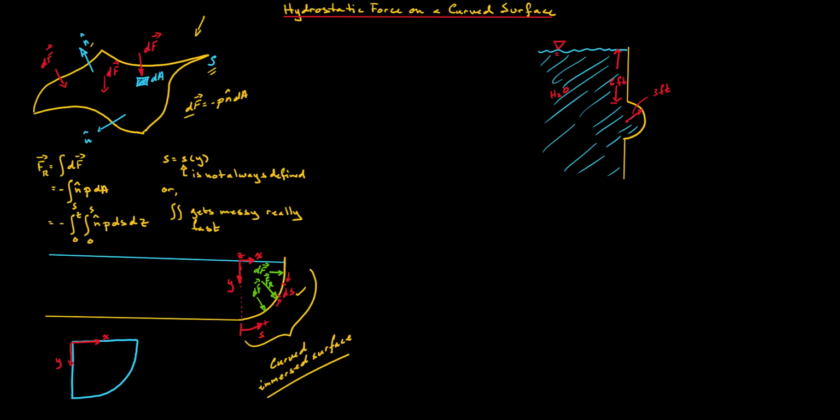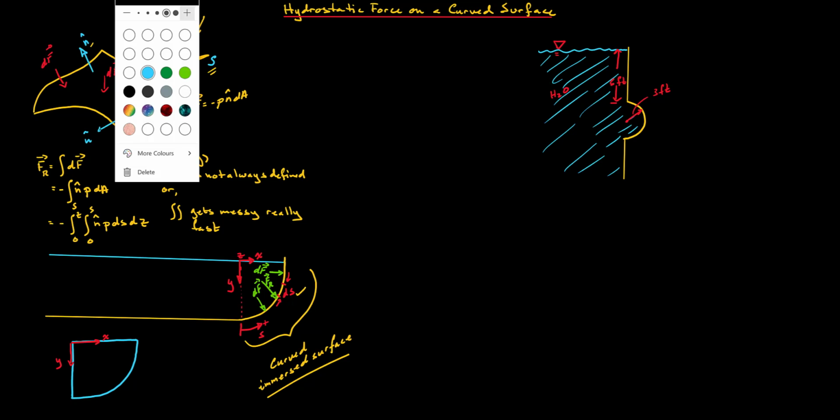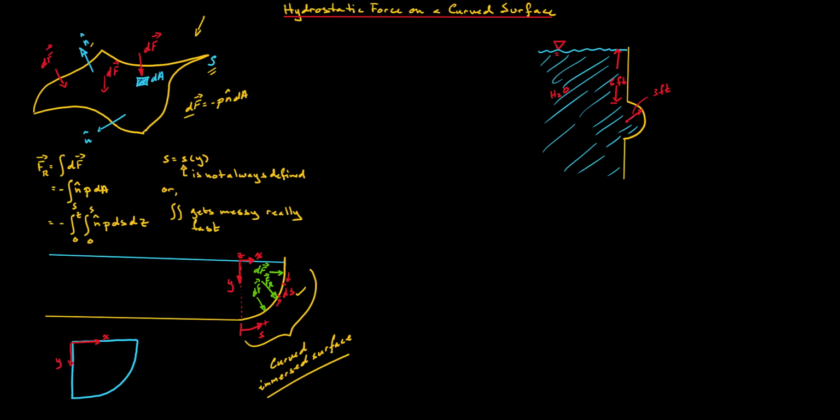And so what are the forces acting on this volume of fluid? Well, this volume of fluid will definitely have a certain weight. So we'll write this as Fg for the force due to gravity.